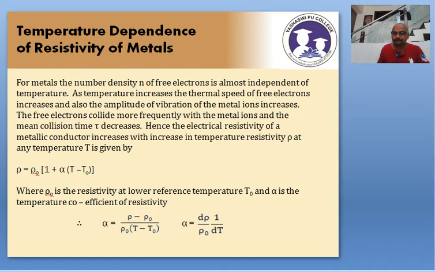You know that rho is equal to m divided by n e square tau. n does not depend on temperature; n only depends on the nature of the material of the conductor. So what depends on temperature is the relaxation time. If the temperature increases, relaxation time decreases. If relaxation time decreases, rho increases. That means rho of a conductor increases with the increase in temperature.